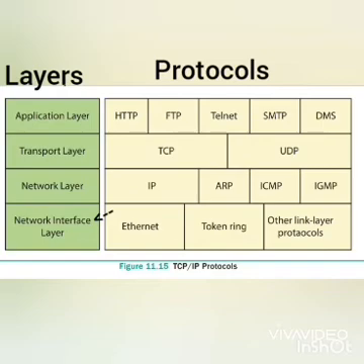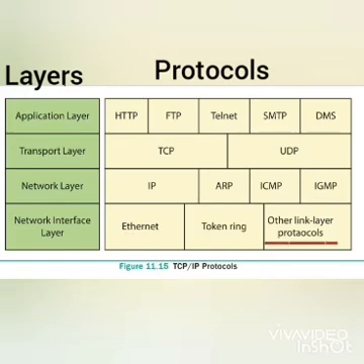This layer is also responsible for defining a protocol. Protocol means set of rules to be followed to connect hosts. Different TCP/IP protocols used in these layers are Ethernet, Token Ring, and other link layer protocols.